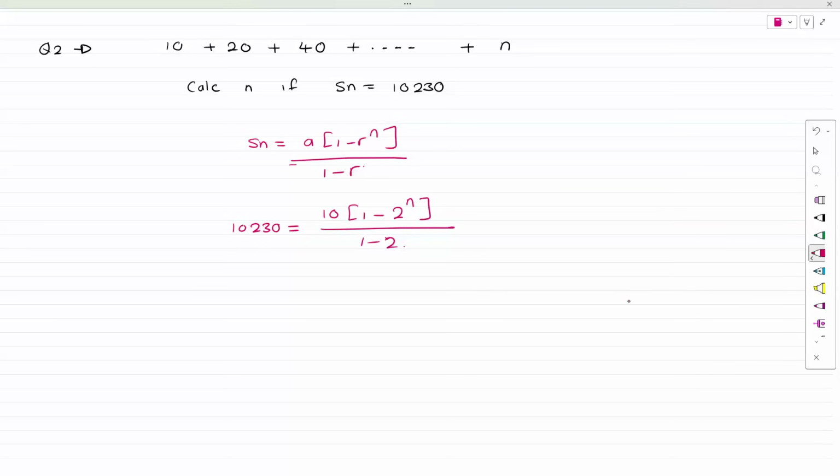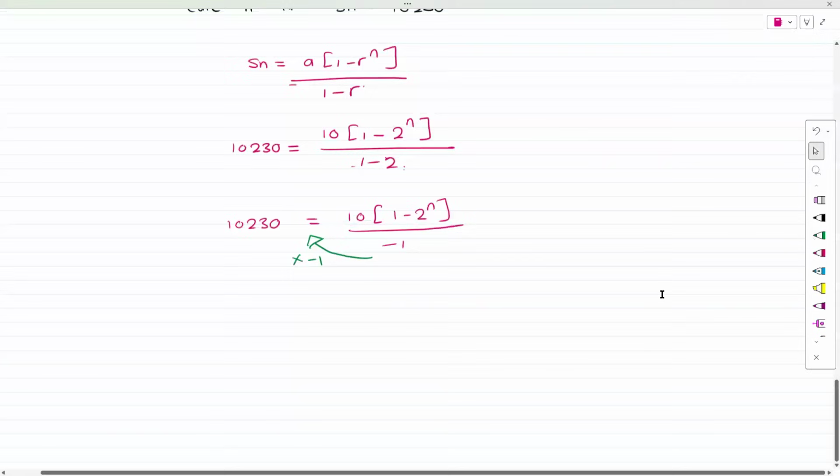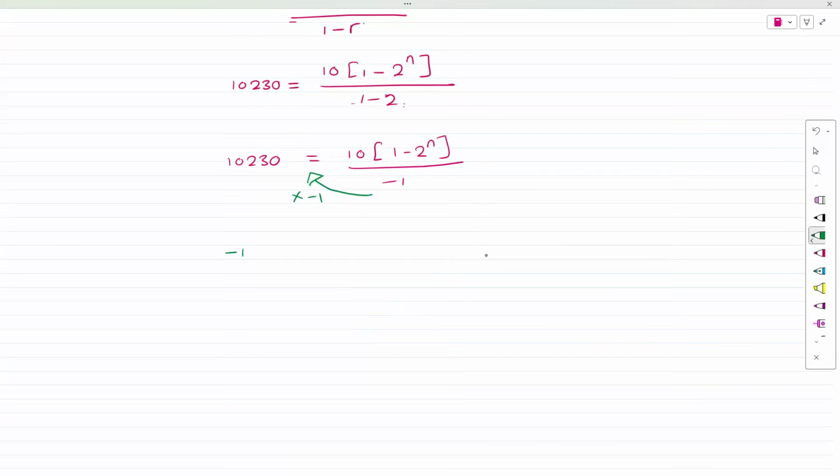We can solve. Let's simplify. This would be 10 over 1 minus 2 to the power of n, all over minus 1. This is basic algebra, guys. 1 minus 2 is minus 1. I'm going to take the over minus 1 as multiplication. And I end up with minus 10,230 equals 10 into 1 minus 2 to the power of n.